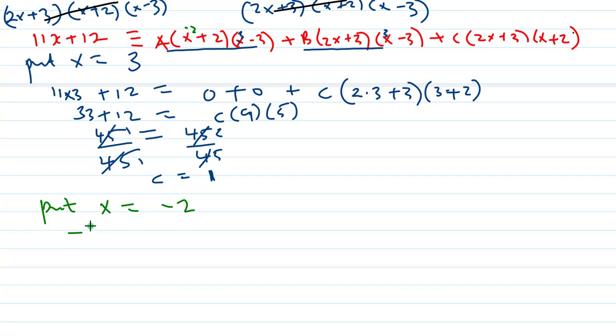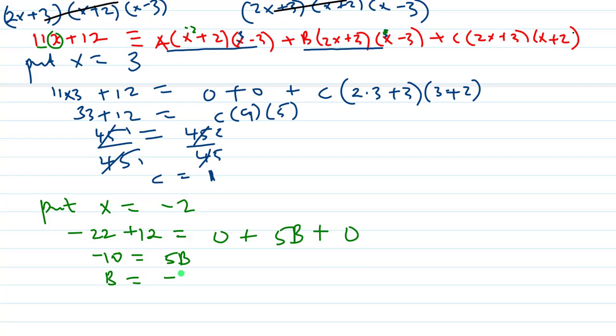I'll have negative 22, because that's 11 times negative 2, plus 12 equals, on the other side we have 0 plus, if I put negative 2 here and negative 2 here, I'll actually have 5B. You can do the math there. This becomes 0, so I have negative 10 equals 5B, and then I'll have B equals negative 2.